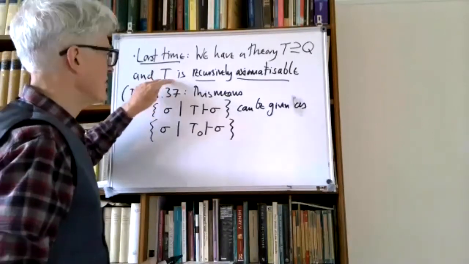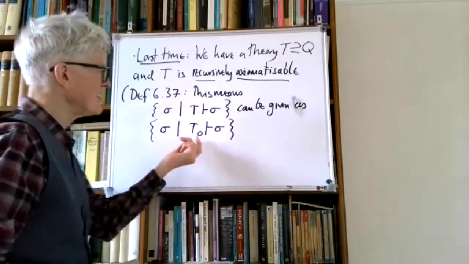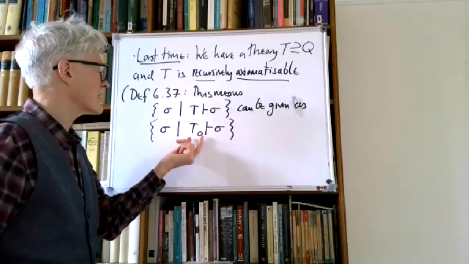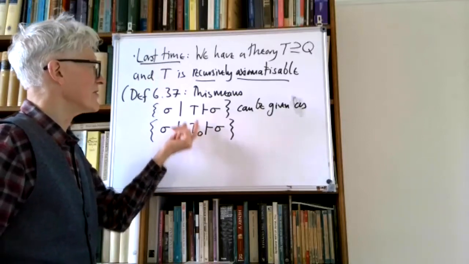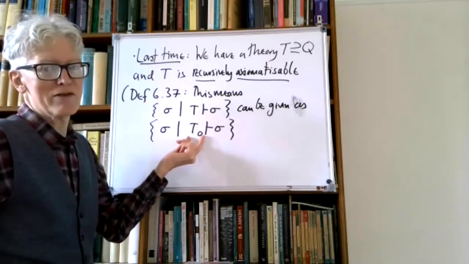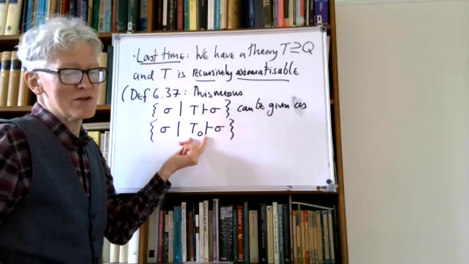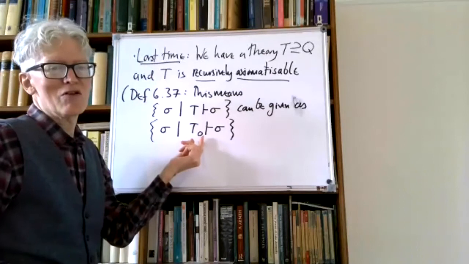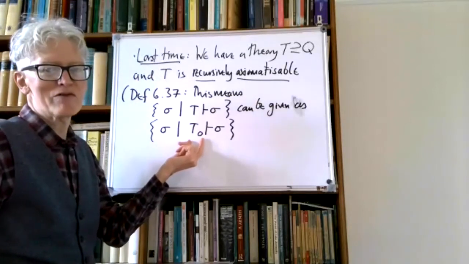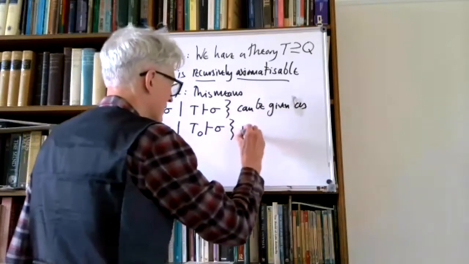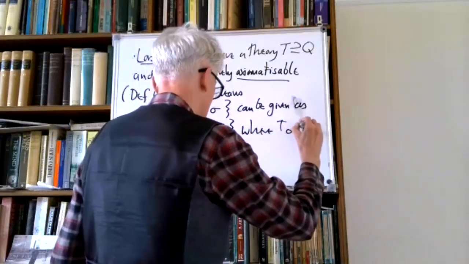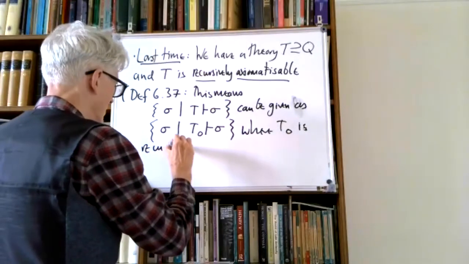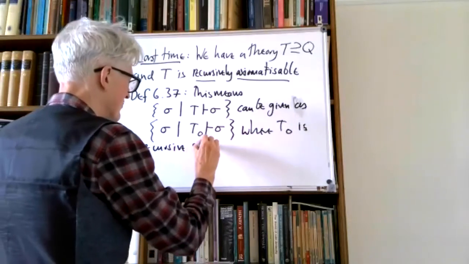So you say the theory is recursively axiomatizable, means there is some T0, possibly a subset of T, such that the consequences of this T0 are the consequences of T. And T0 is given by an algorithm. So there's a recursive function that will return 1 or 0, depending on whether the input was a Gödel number of something from T or not. Recursive set of axioms.